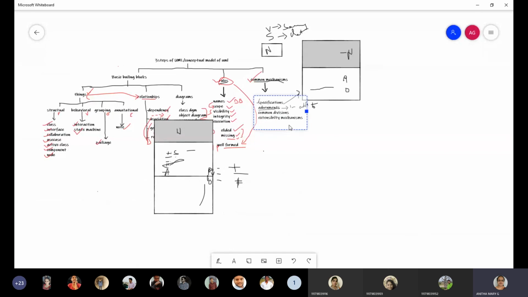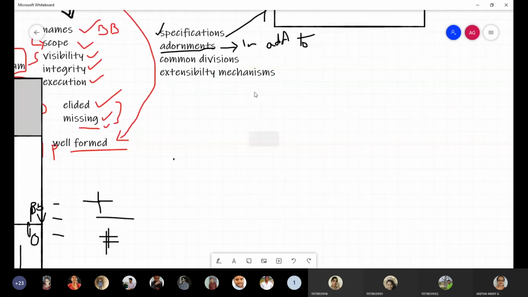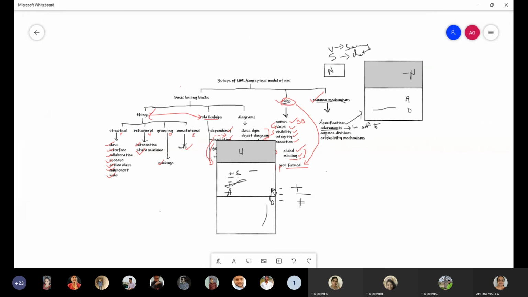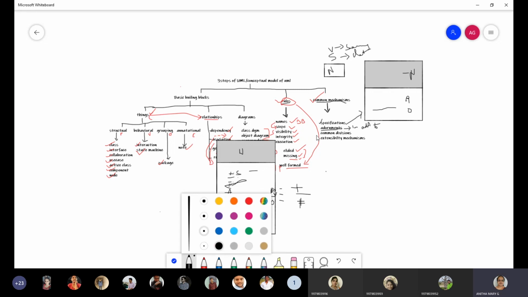Common divisions. That means there is some division between the different icons.